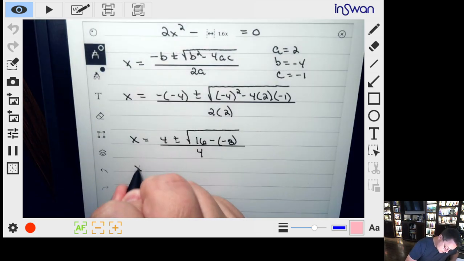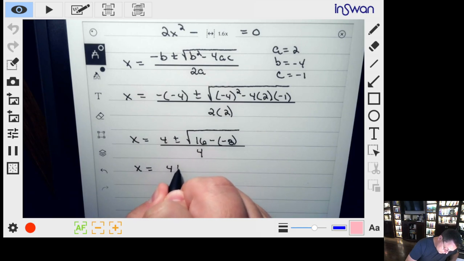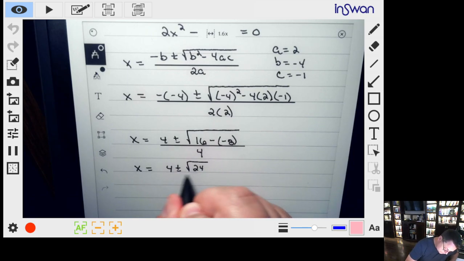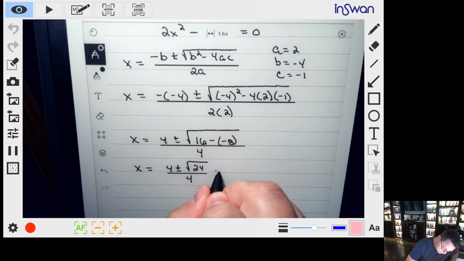So this gives me x is equal to 4 plus or minus the square root of 16 plus 8, which is 24, all over 4.